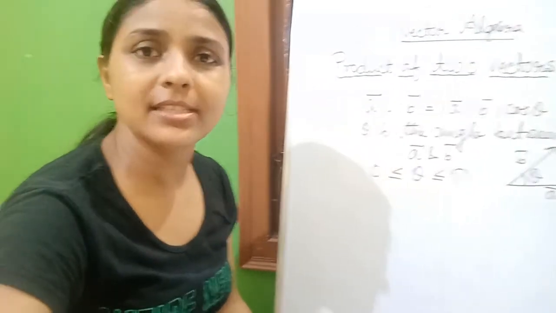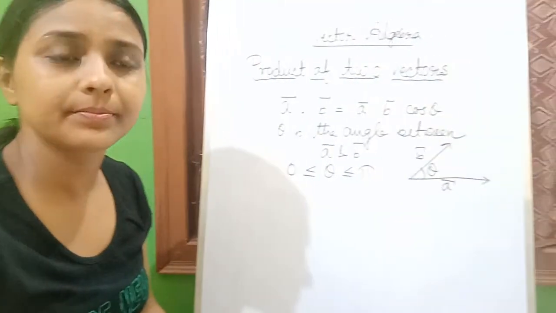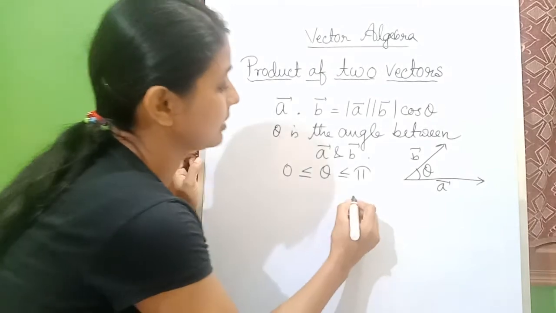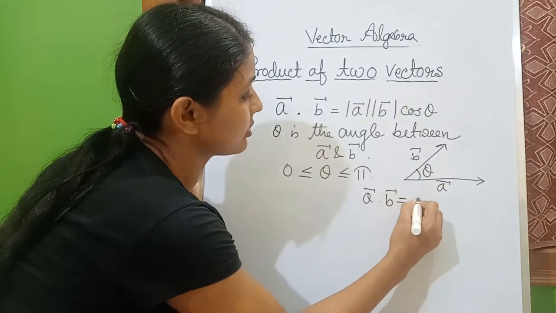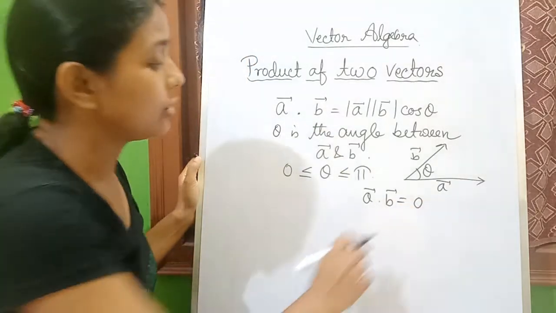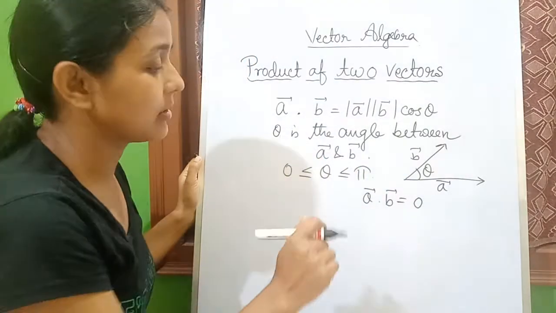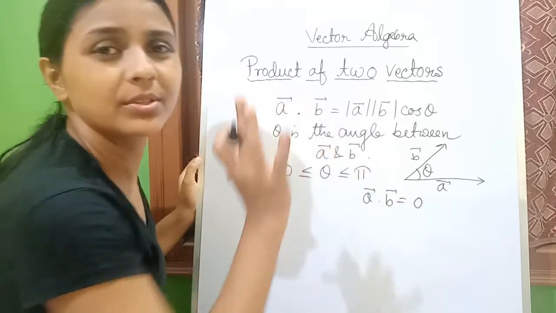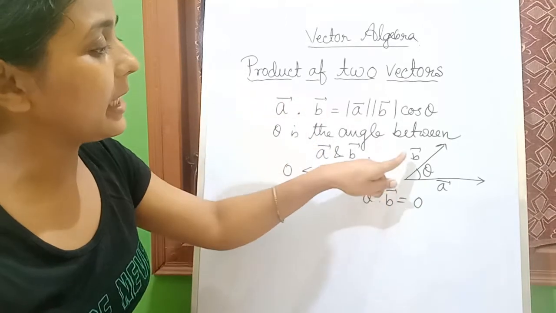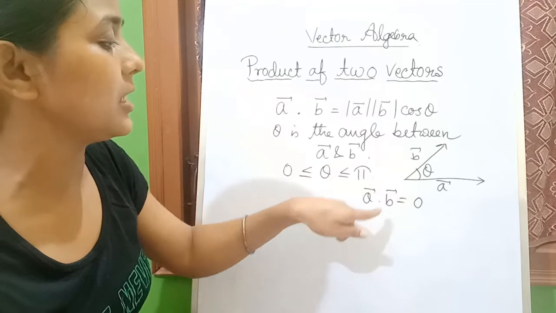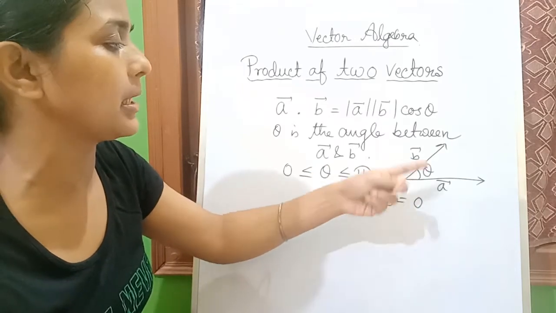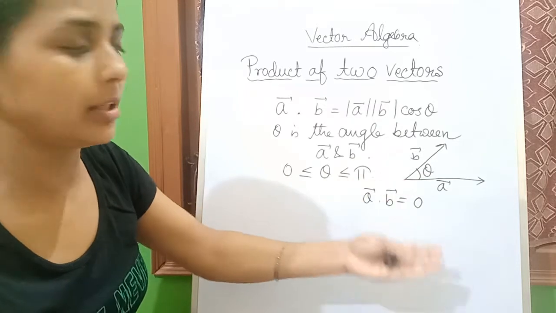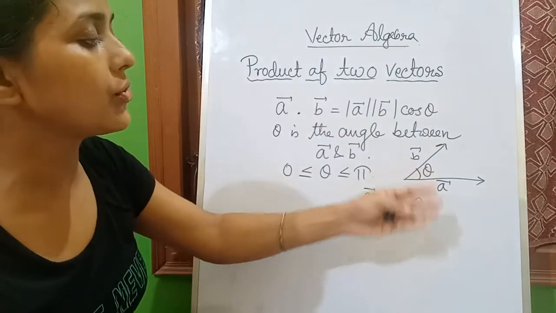So theta is not defined. And in this case we can say that quite obviously A dot B equals to 0. Because if any one of them is 0, then this product obviously will be 0 because theta cannot be defined, cannot be drawn.